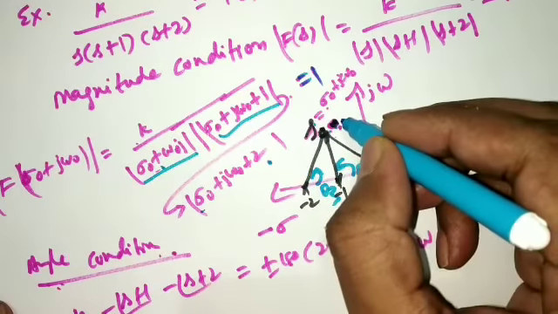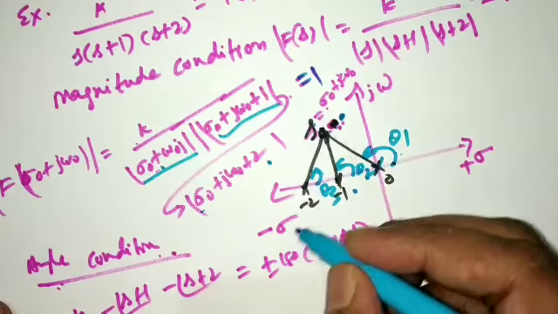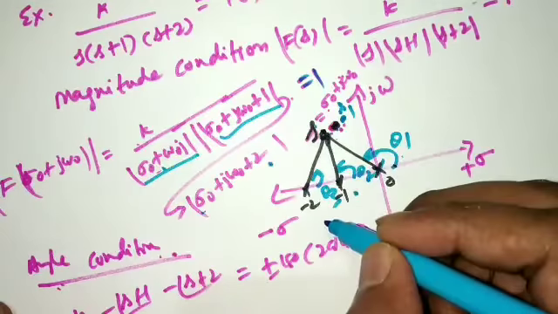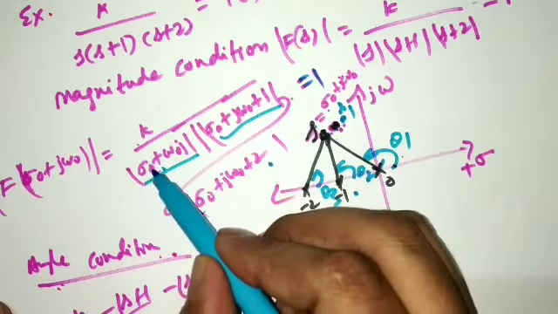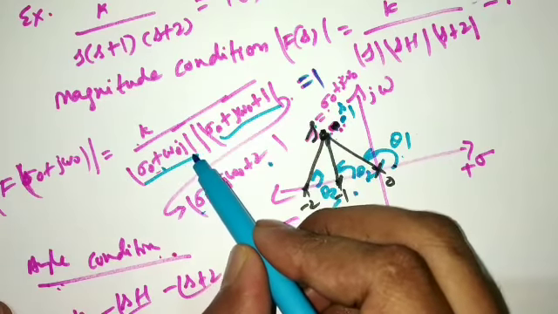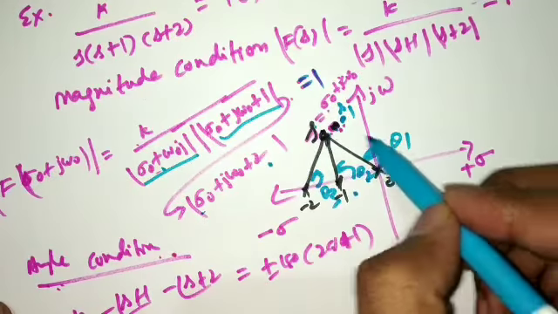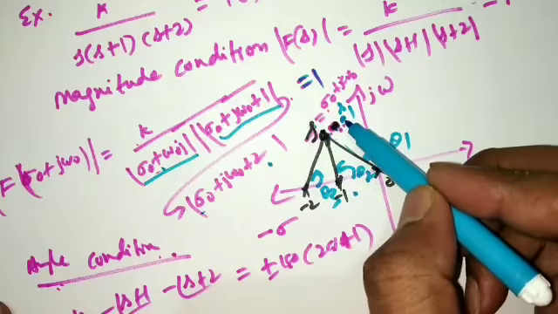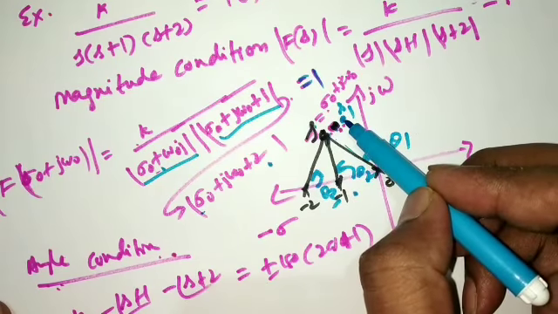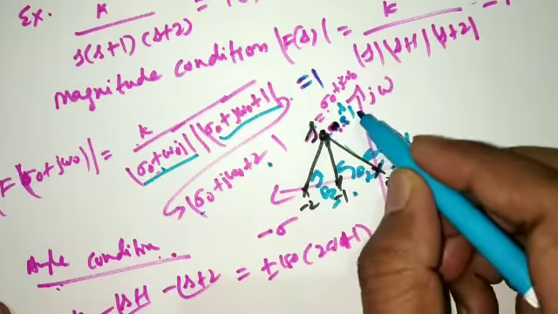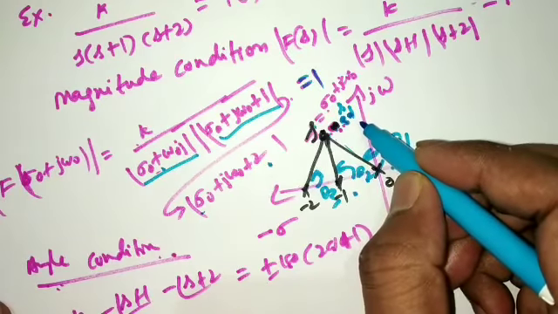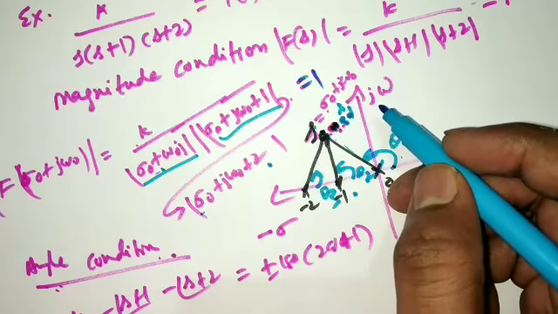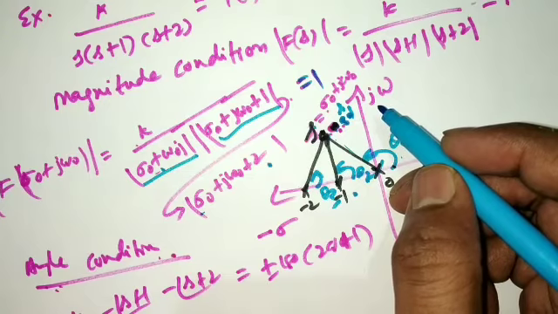I can also take one more point, S1, which is sigma 1 plus j omega 1. Following the same procedure, if this point is satisfied, it is on the root locus path. Again I can take another point, S2; if S2 also satisfies the angle condition and the magnitude condition, that point is on the root locus.